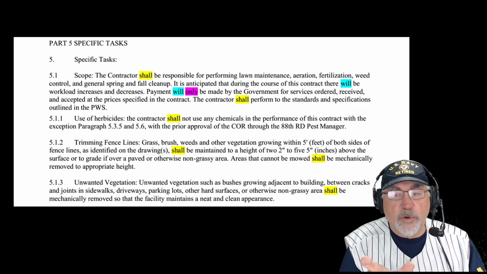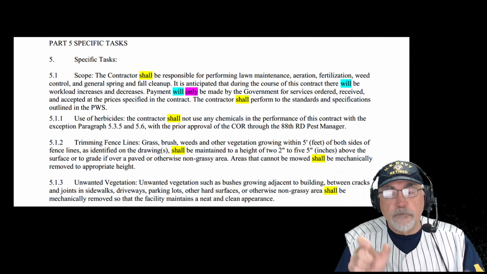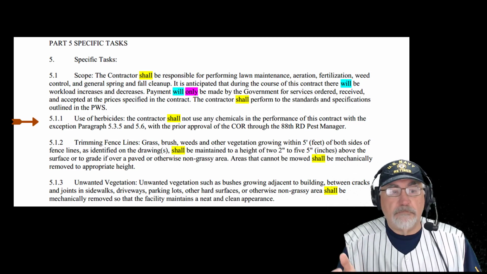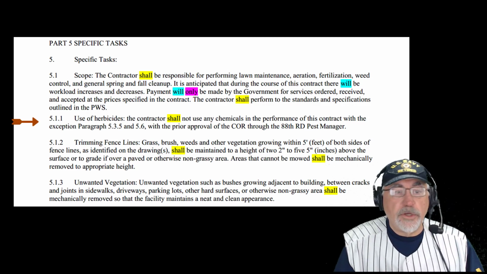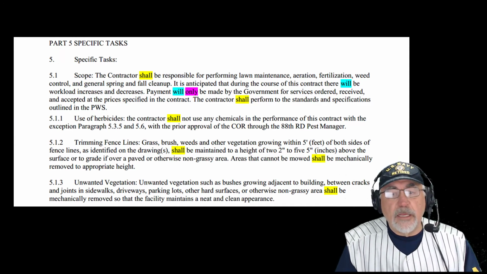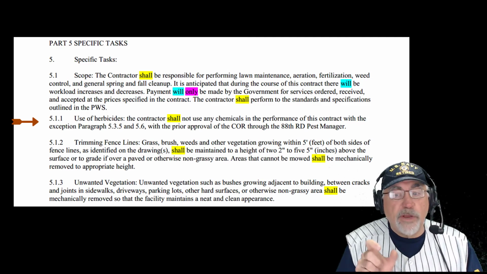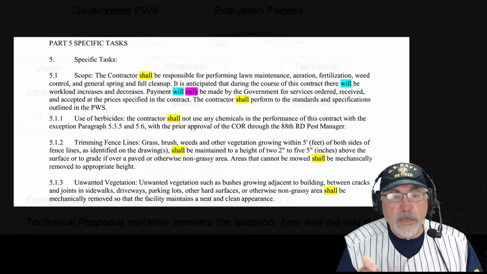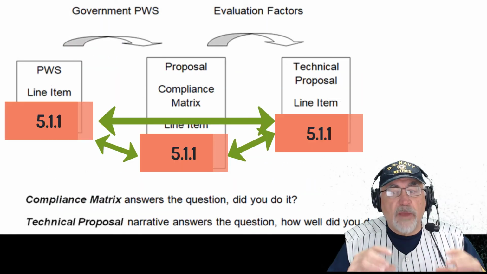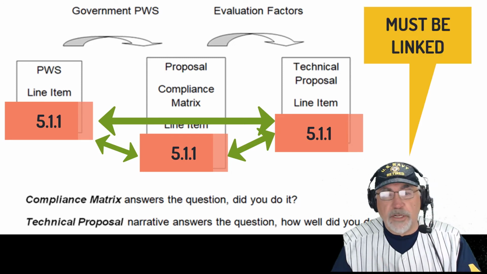That's the performance work statement. You would then have a 5.1.1 in your compliance matrix to determine, can you do it or not? Do you understand it or not? Once you can identify that you understand it, you would then go to your technical proposal and have a 5.1.1, which you would then create a narrative to describe how you're going to do that and how well you're going to do that and in how much depth.